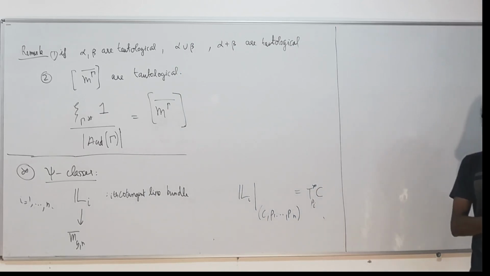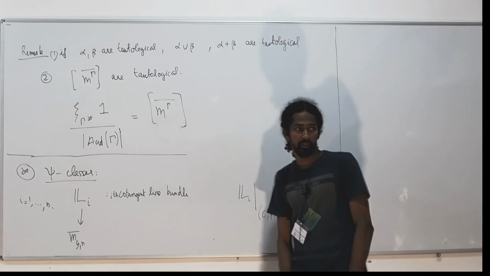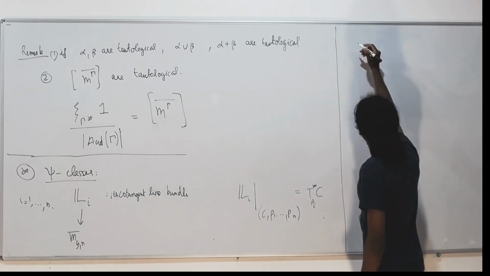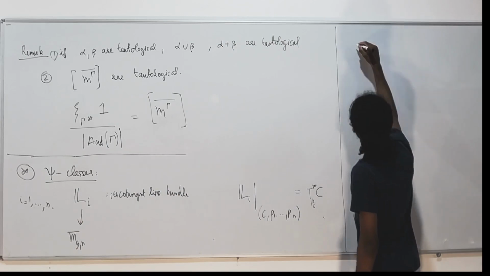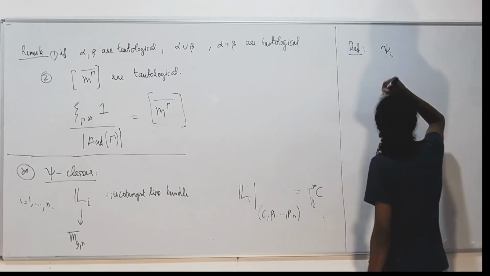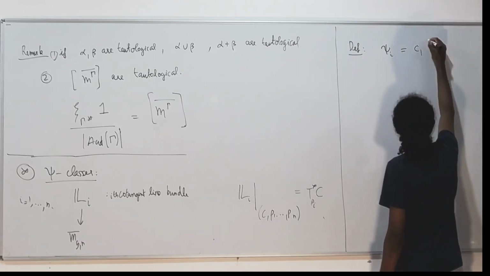Okay. And these things glue together nicely to give you a line bundle on M_{g,n} bar. And the psi class, which appears all the time, is just defined as the first Chern class of this line bundle.